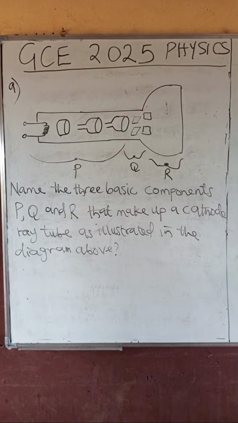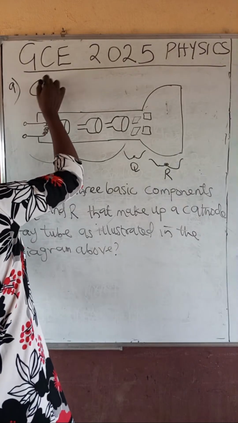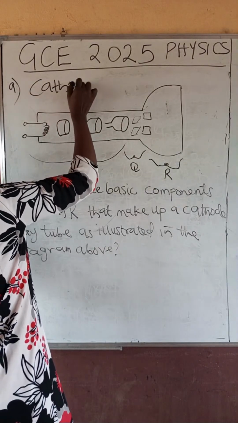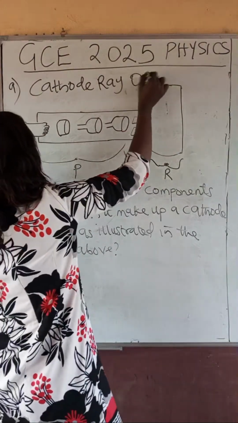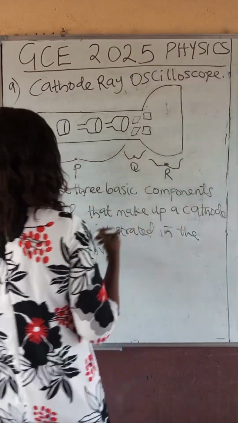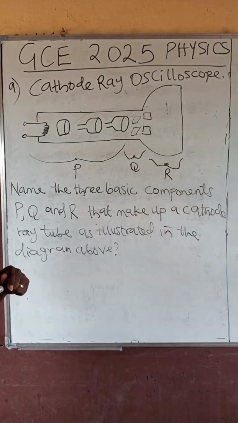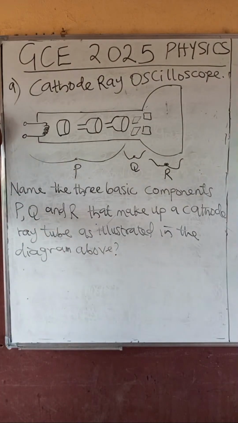This is what we call a cathode ray oscilloscope. This diagram is called a cathode ray oscilloscope. Now, they are the basic components in this circuit.